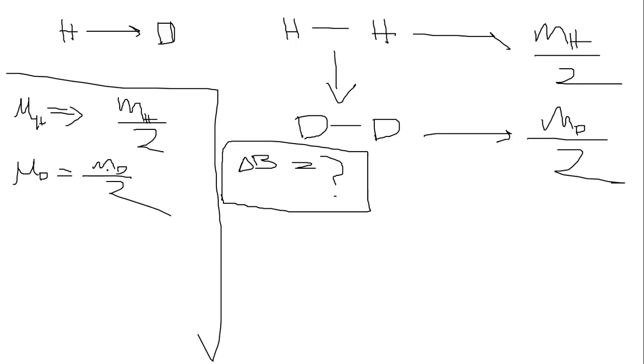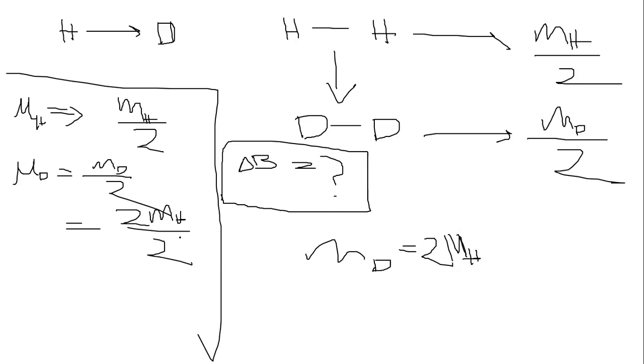But here the mass of deuterium is twice the mass of hydrogen. So when you put it, MD will be 2MH by 2. 2 gets cancelled out. It is MH.